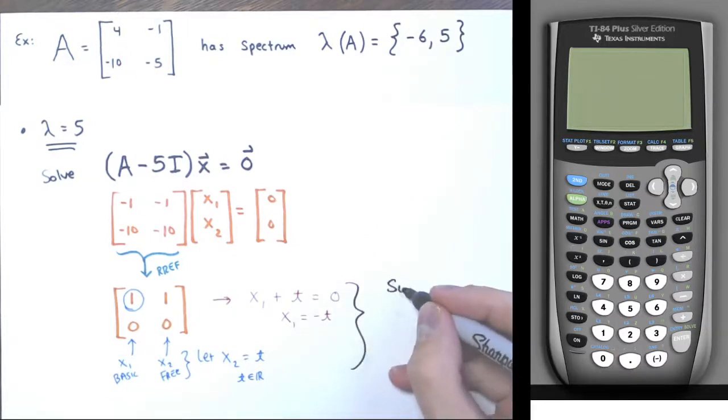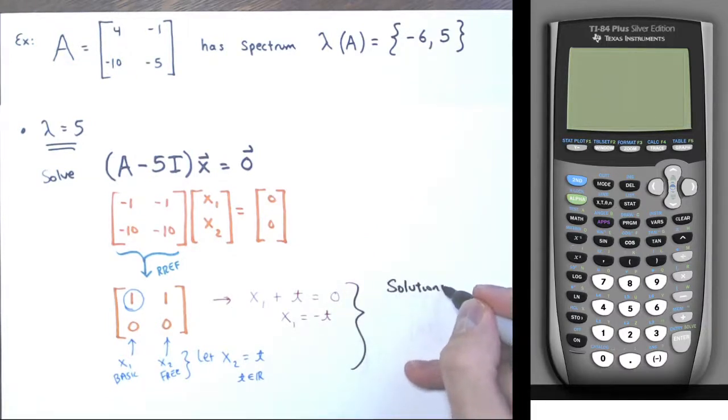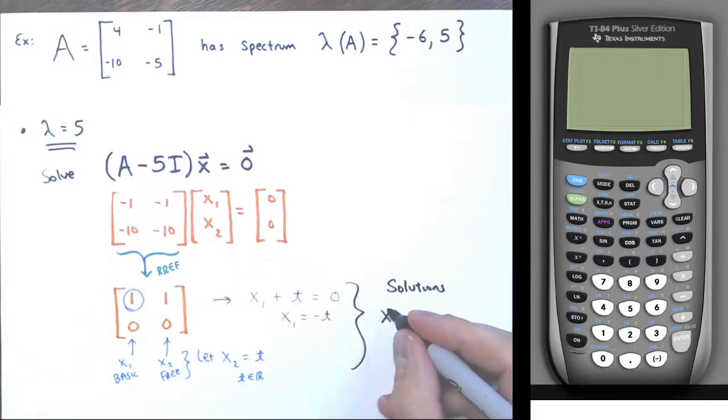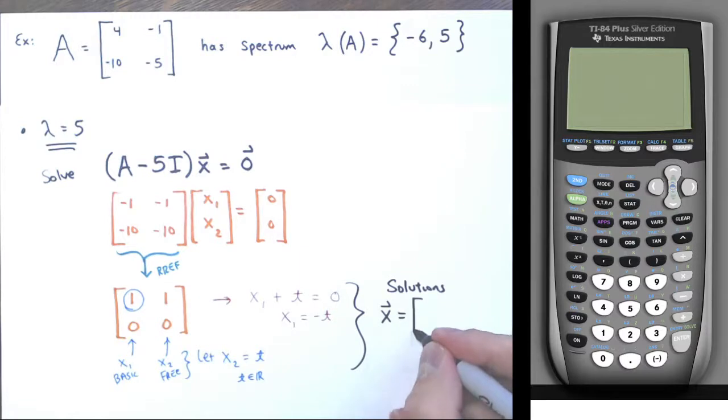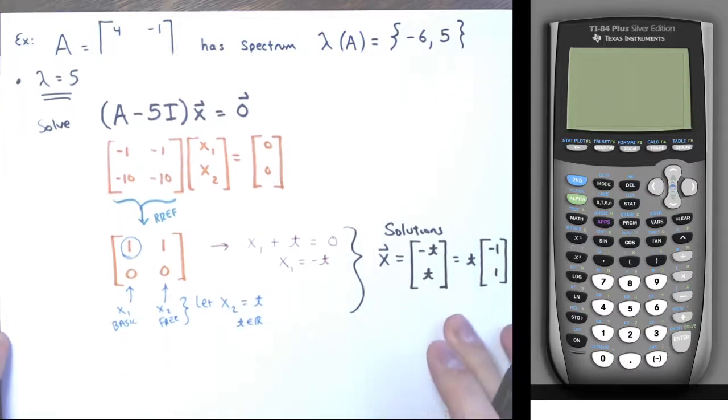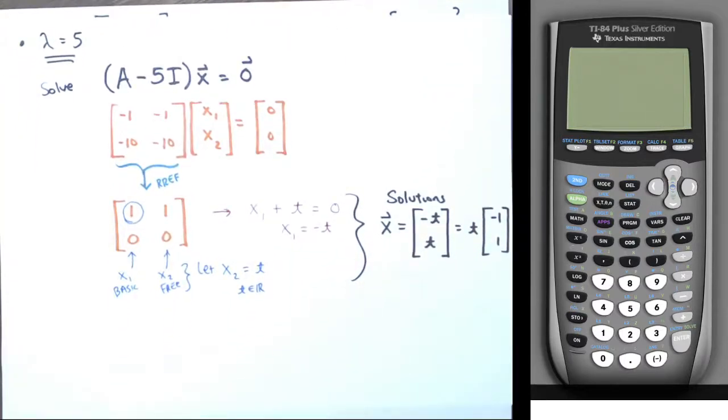Putting this all together, the solutions of the equation A minus 5I times x equals 0, the vectors x, have to look like this. The first component, x1, is the opposite of my choice of t. The second component, x2, is my choice of t. Pulling the t out, it's t times the vector negative 1, 1. So the eigenspace is again all the solutions, including the 0 vector.